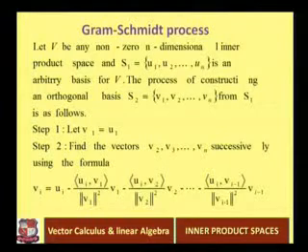Now one interesting process, the Gram-Schmidt process. We know that in the Gram-Schmidt process we convert any arbitrary basis into an orthogonal basis. For that, here we write the procedure.